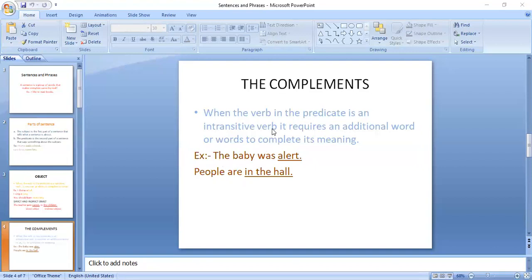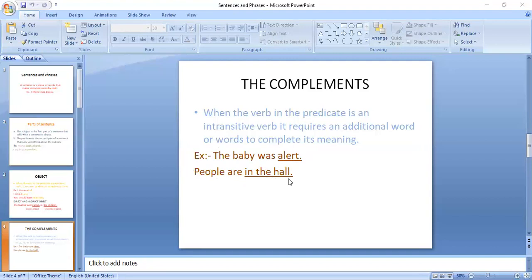But an intransitive verb requires one complement, an additional word, to complete its meaning. So, the baby was alert. Alert is the complement here.